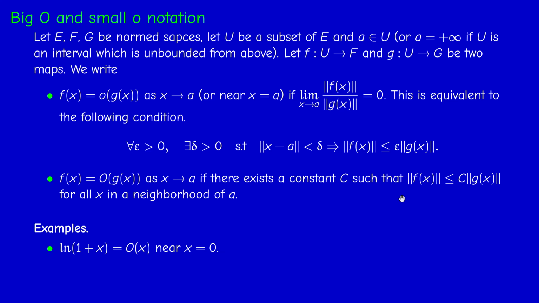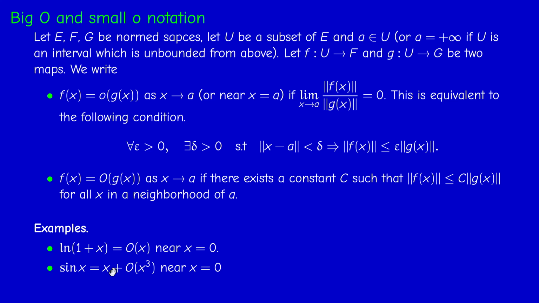Now, for example, if you work near x equals 0, then you know that ln of 1 plus x is a big O of x, because we can write the power series expansion. So it starts with x, and then minus x squared over 2, and so on. So we say that it's of order of x. Or if you like, ln of 1 plus x over x is bounded by some constant.